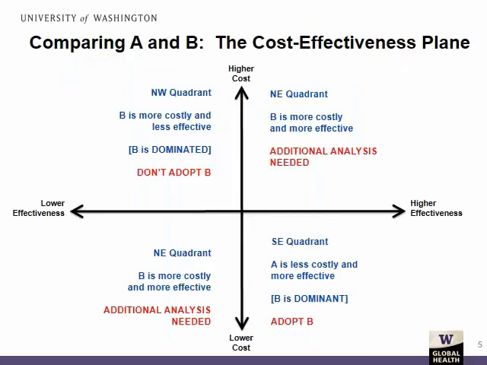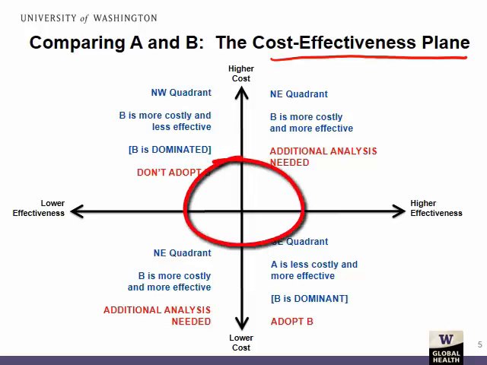Building on the last slide, we're going to simplify it a little bit and make just 4 boxes in what we call the cost effectiveness plane, and we'll keep coming back to this plane because it's very important. Here in the center you have the comparator, the intervention being compared.